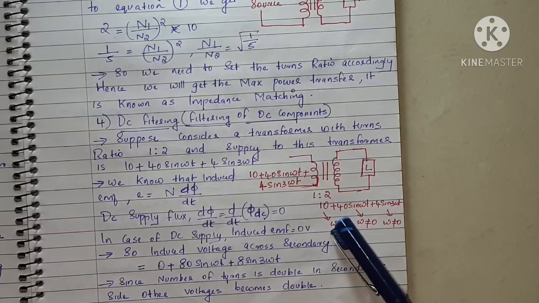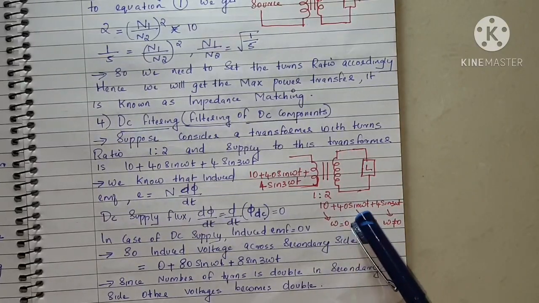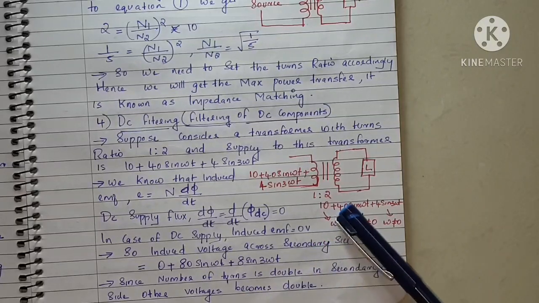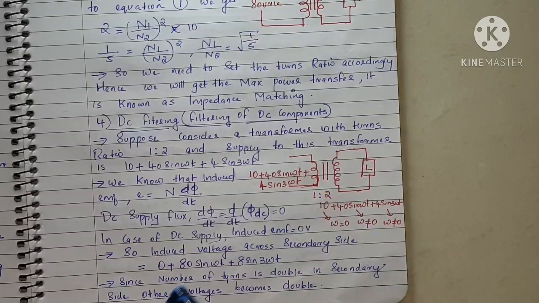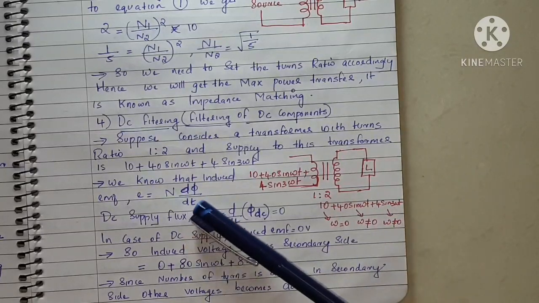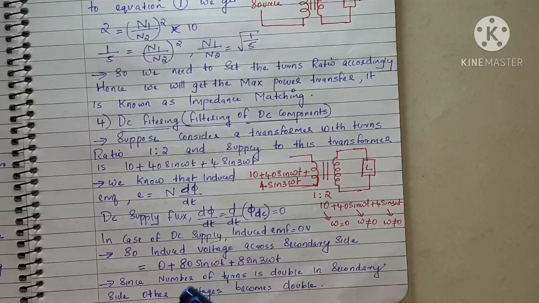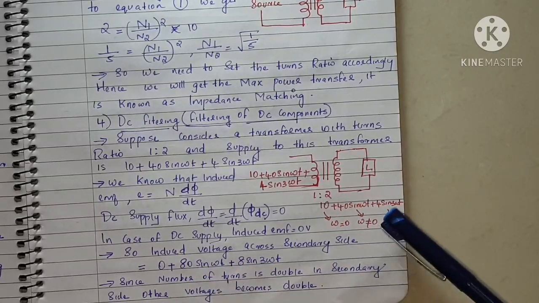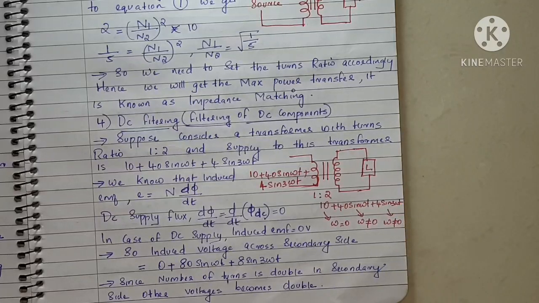So considering this term 40 sin ωt, the induced voltage becomes, number of turns is double means 40 into 2 is 80. There is no flux term here, so taking derivative, it is a constant, sin ωt, plus, next consider the third term, 4 sin 3ωt.